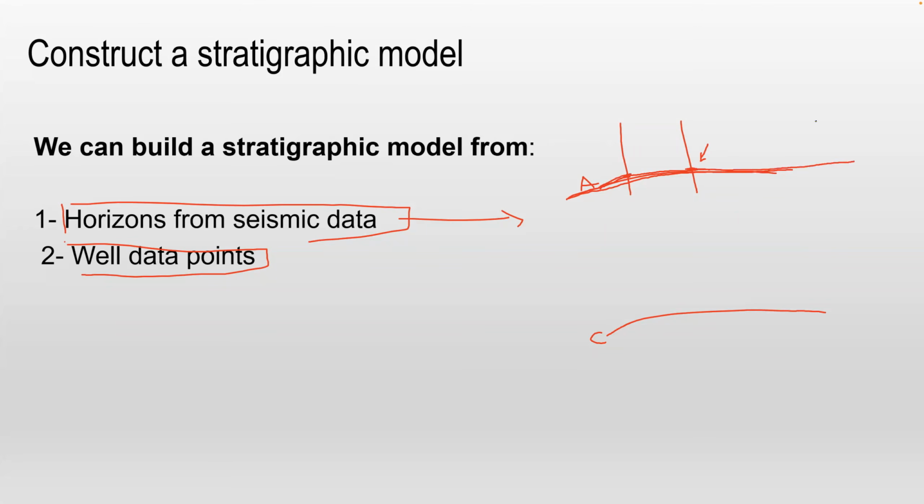But in other places, you trust the seismic data. Sometimes you don't have the seismic data and you just have wells with well tops. So with software, based on just these well tops, you interpolate and extrapolate them and create your horizon. Sometimes, as I mentioned, you have both.